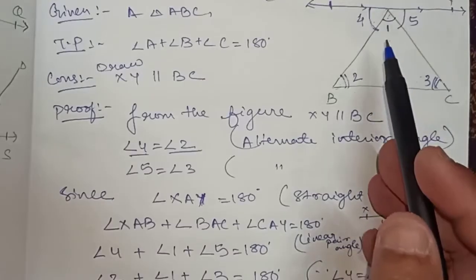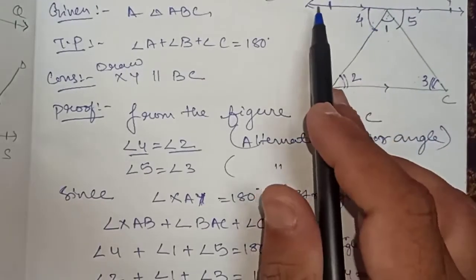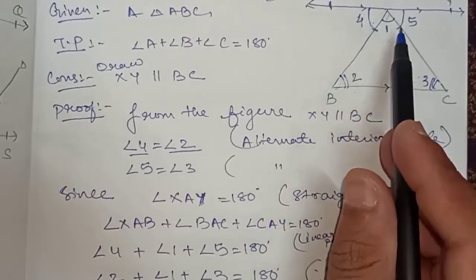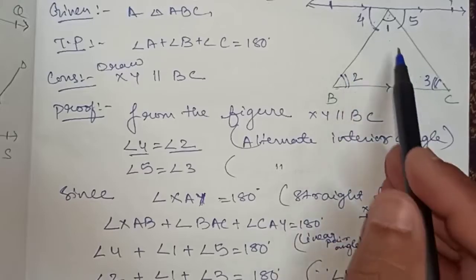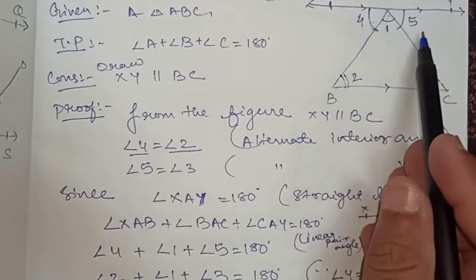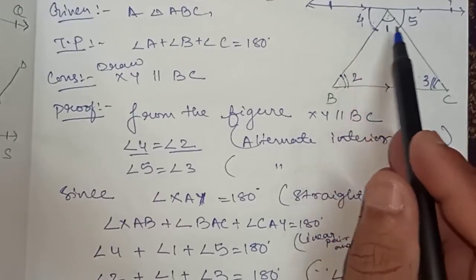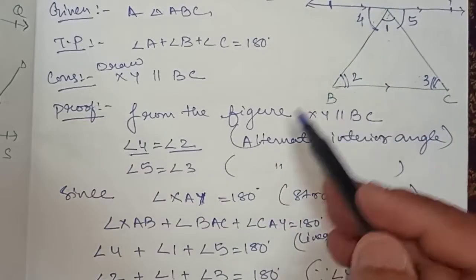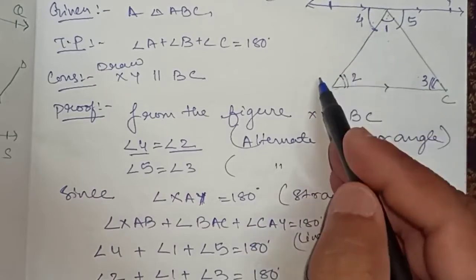Getting? So what have we done? We have taken a triangle and drawn a line parallel to BC. We have marked 5 angles here, 3 angles inside the triangle and 2 angles outside. The sum of these 3 angles is how much? 180 degrees. We wrote first that angle 4 equals angle 2 because of alternate interior angles.